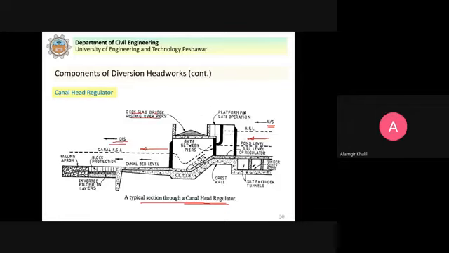You can see that because the water moves, protection is provided in the canal bed against the uplift pressure as well as scouring. This is for the canal head regulator. Once the canal head regulator allows the water to pass through, the water flows in the canal, which we already discussed in the previous lectures.